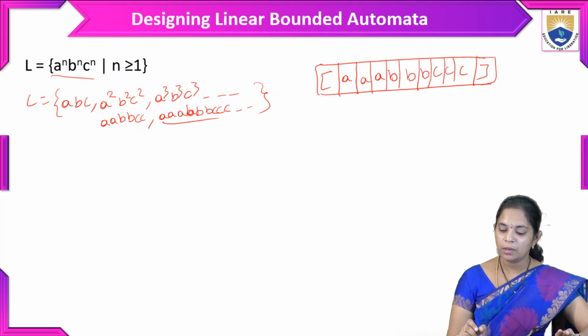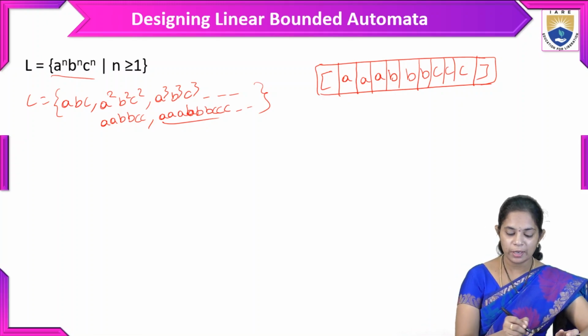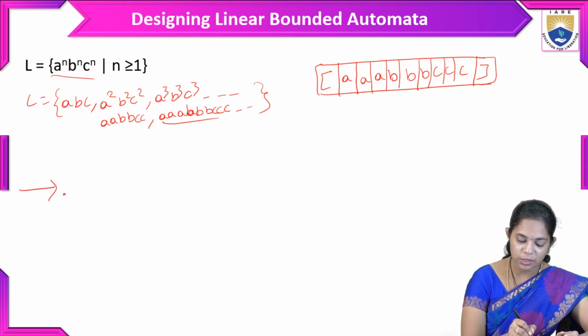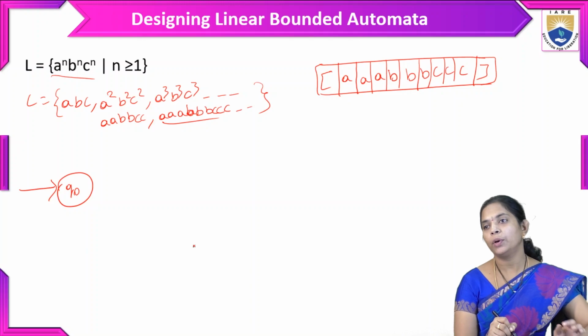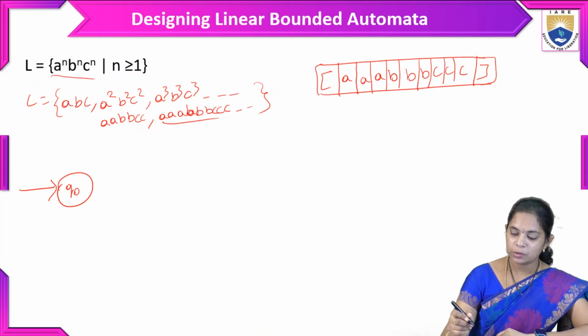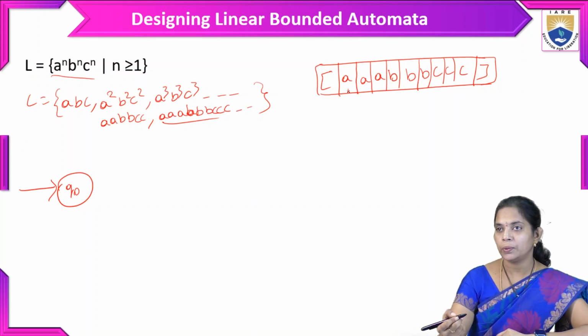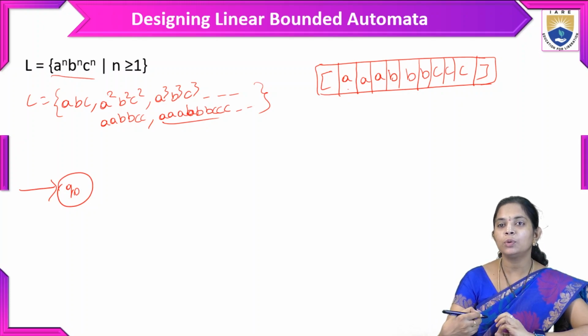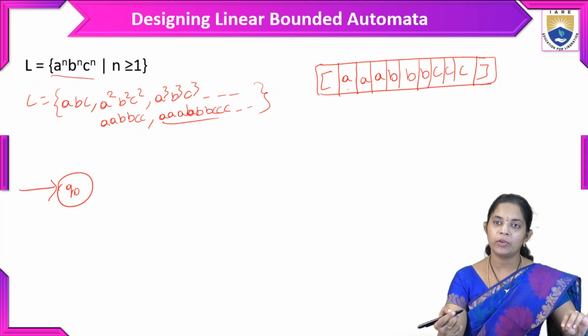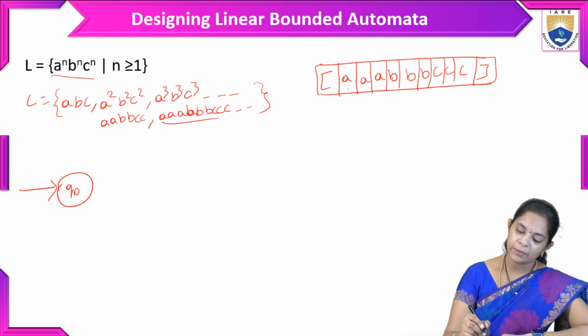First we start with the initial state Q naught, and here we read the value A. After reading, we need to change the value, then only we can say that this is already read.